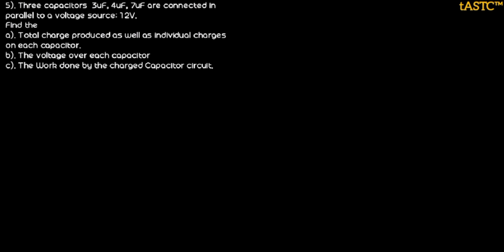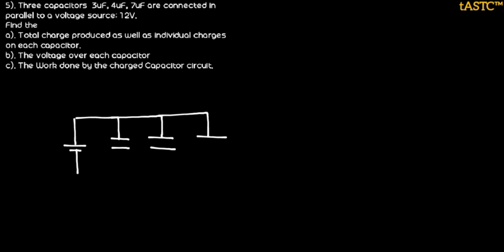So if they are connected in parallel, then we're going to have one type of voltage source, which is written as this. And that is going to be this way. And here we're going to have this. And here we're going to have this. So this is basically a parallel connection of capacitors, which we're going to have right here.